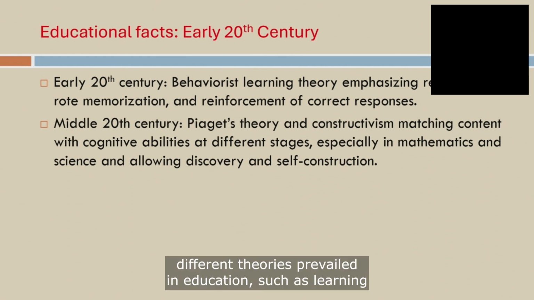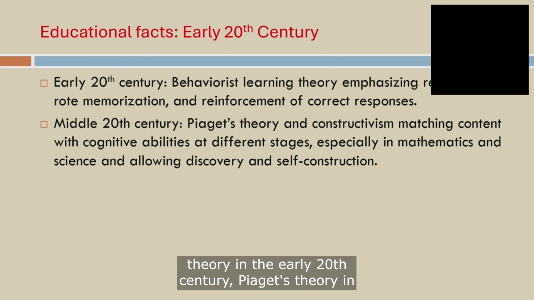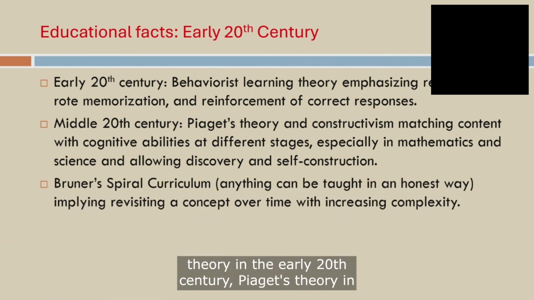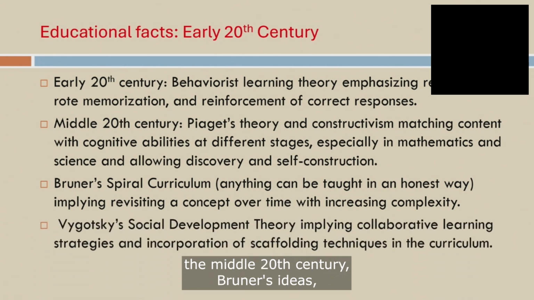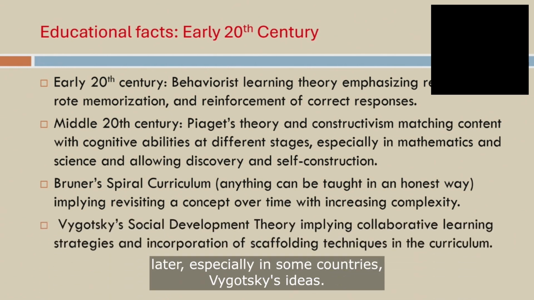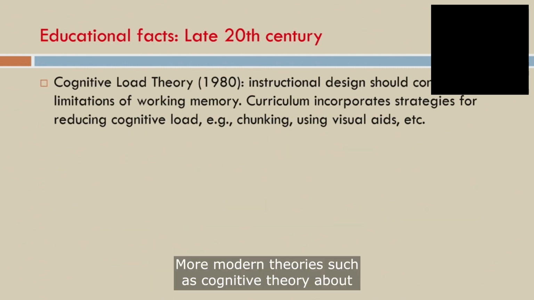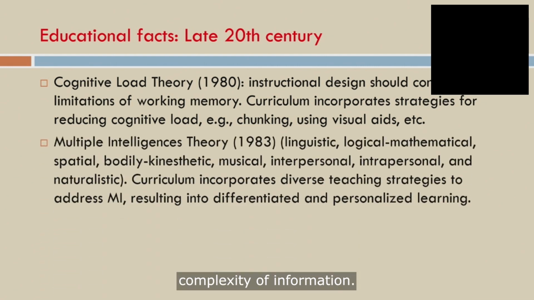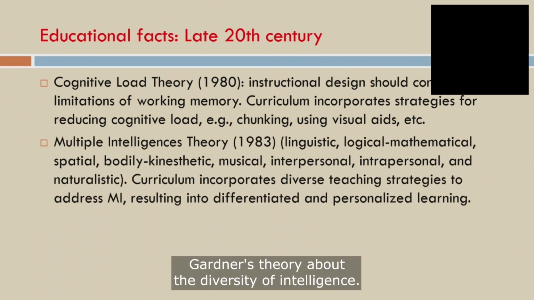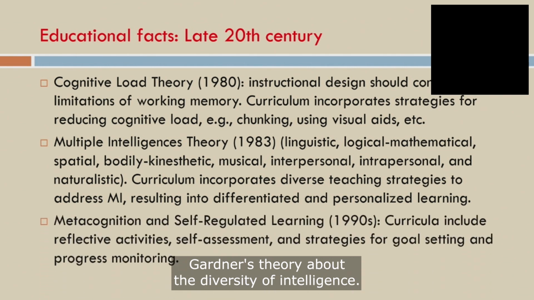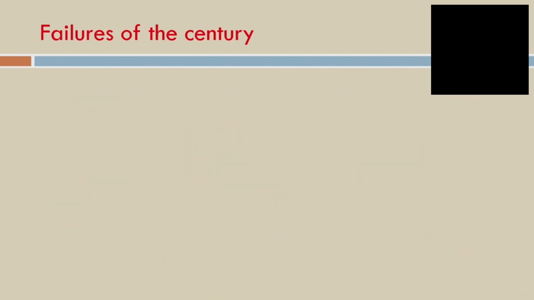So all over the 20th century, different theories prevailed in education, such as learning theory in the early 20th century, Piaget's theory in the middle 20th century, Bruner's ideas, later, especially in some countries, Vygotsky's ideas. More modern theories such as cognitive theory about complexity of information, Gardner's theory about the diversity of intelligence, metacognition in the recent years, and self-regulated learning.